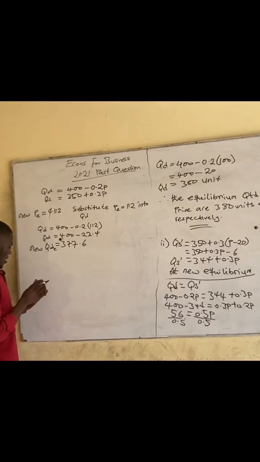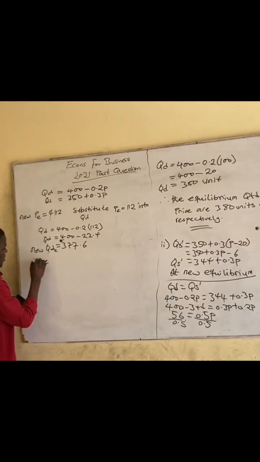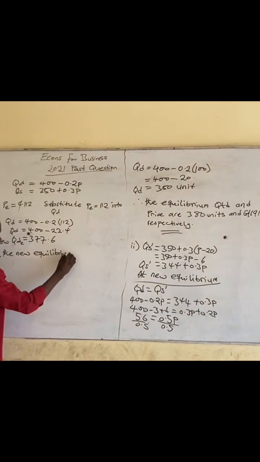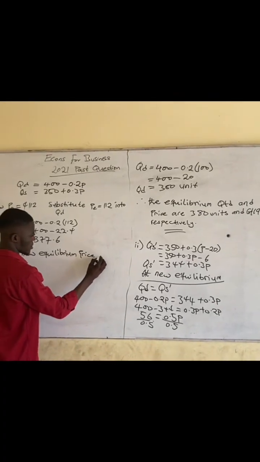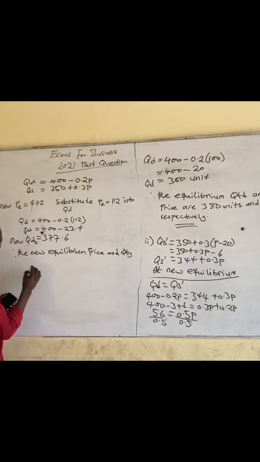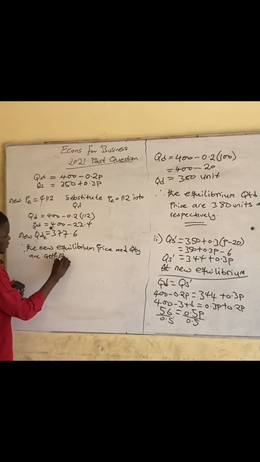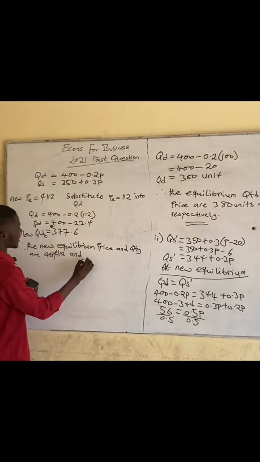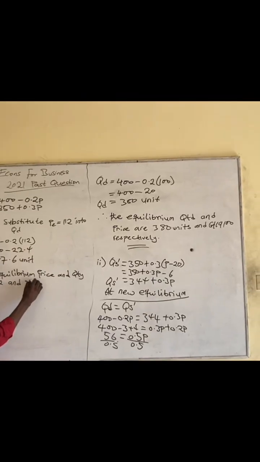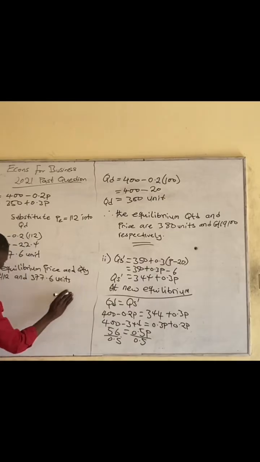After this, you also state that therefore the new equilibrium price and quantity are 112 cedis and 377.6 units respectively.